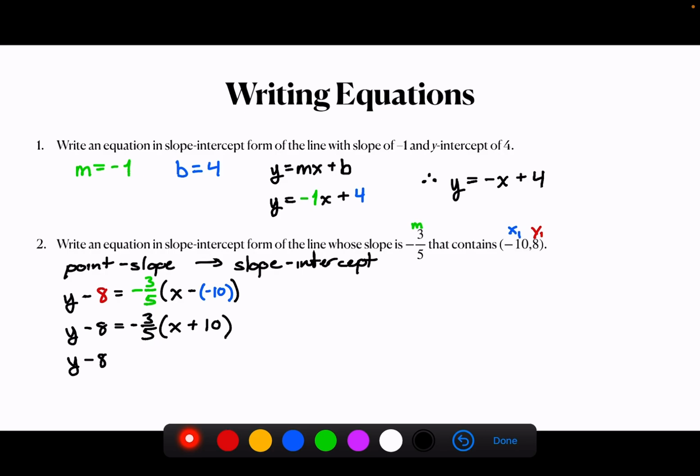We haven't done anything to the left-hand side. And we're going to say negative 3 over 5 multiplied by x minus, this is going to be 10 times 3/5, or 3/5 times 5. Well, 10 divided by 5 is 2, and we get 6.